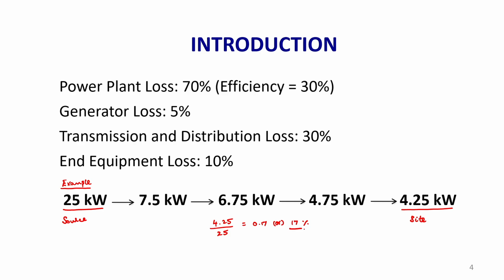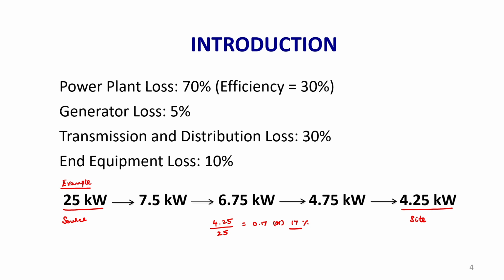That COP is calculated without considering the fact that the power is not produced near to that air conditioning system or refrigeration system. I am not bothered where the power is produced. Power is produced in the power plant, which is very far from the end user, so I am not incorporating this 17% source heat to site power factor.